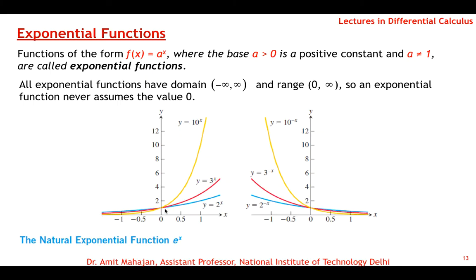The important fact is that the slope is 1 when it crosses the y-axis. If you calculate the slope for all these curves, the slope of this natural exponential on the y-axis is 1, which gives us the advantage of calculating many things.